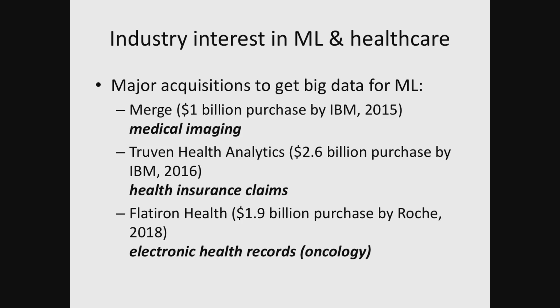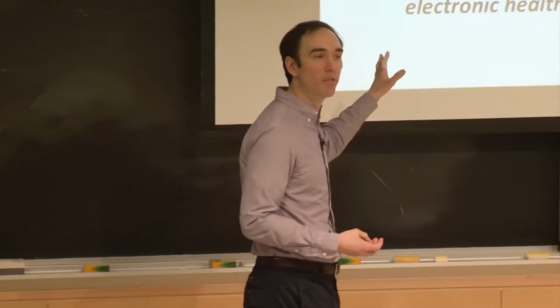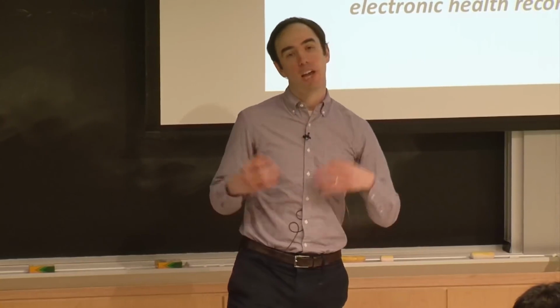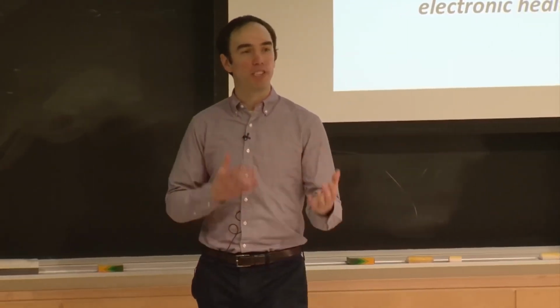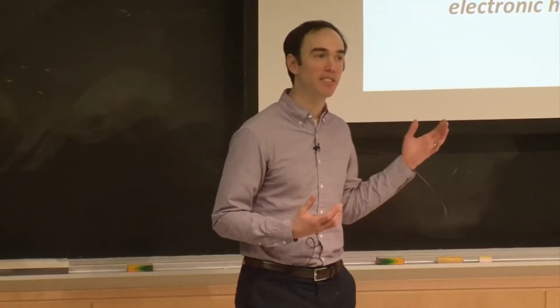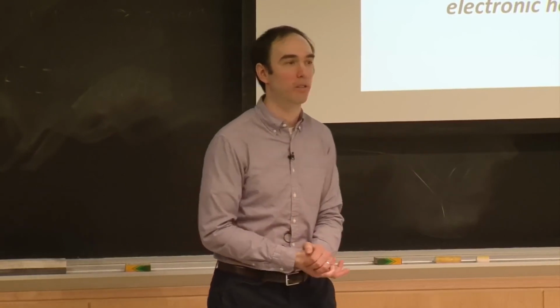They purchased Truven for $2.6 billion in 2016. Flatiron Health, which is a company in New York City focused on oncology, was purchased for almost $2 billion by Roche, a pharmaceutical company, just last year. And there's several more of these industry moves. And again, I'm just trying to get you thinking about what it really takes in this field, and access to data is actually a really important one, obviously.